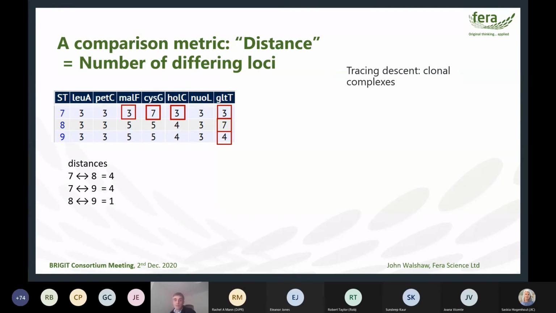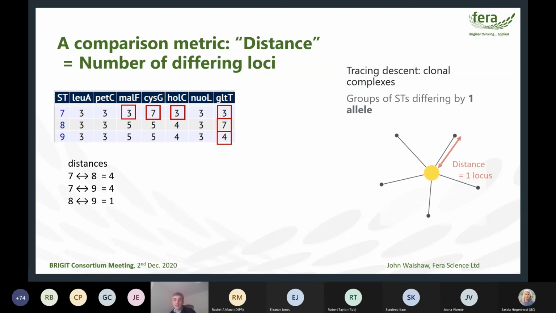In the context of tracing an outbreak, one way that these can be treated is this sort of representation.